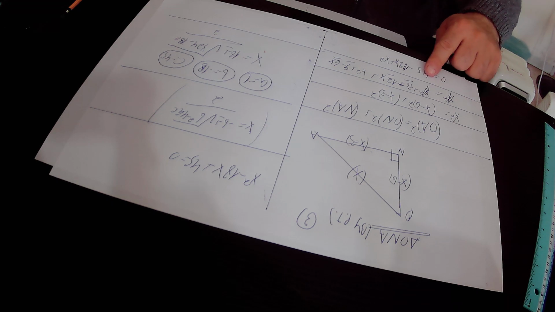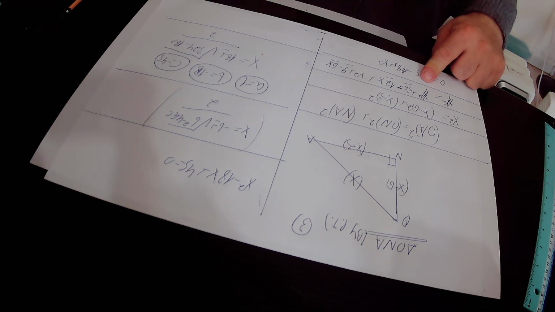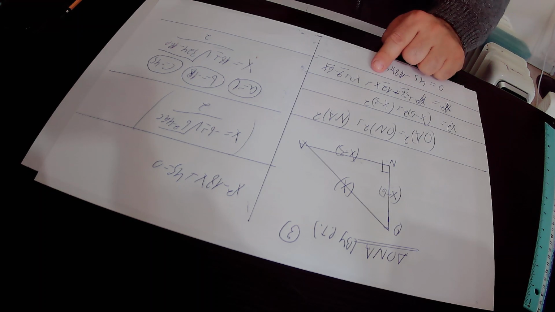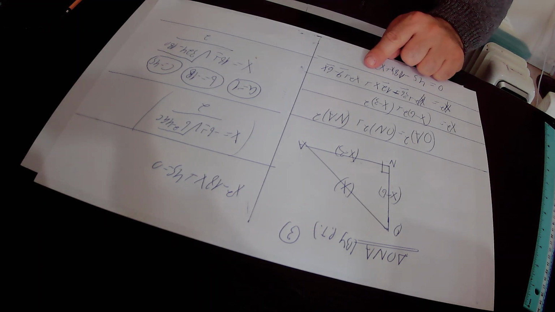So x square equals (x minus 6) square. (x minus 6) square equals x square plus 6 square, that is 36, minus 2 times 6x, that is minus 12x, plus (x minus 3) square. (x minus 3) square equals x square plus 3 square, that is 9, minus 2 times x times 3, that is minus 6x.